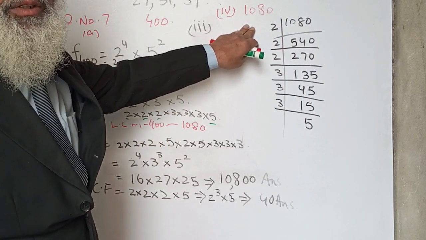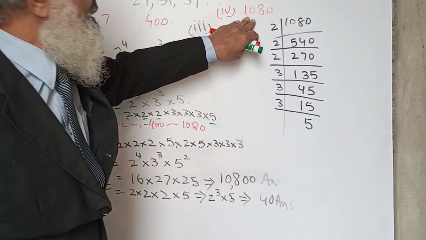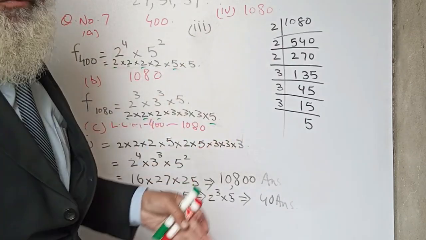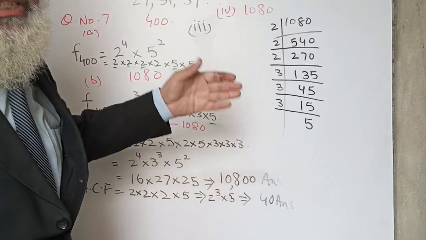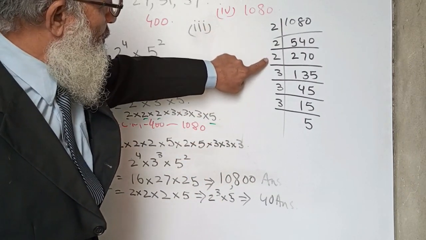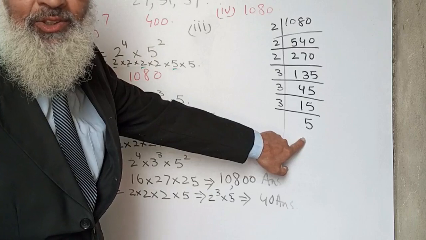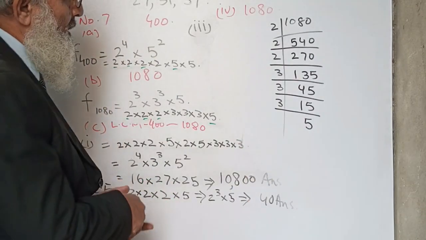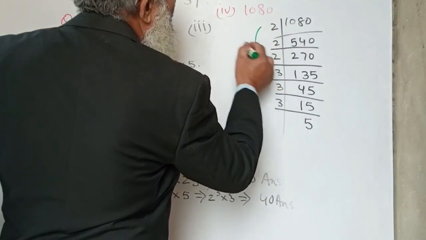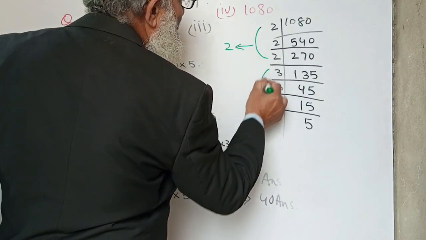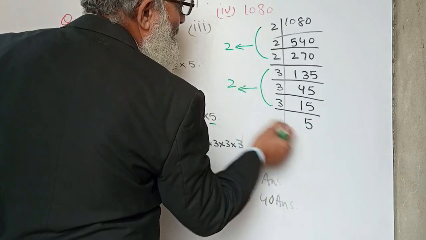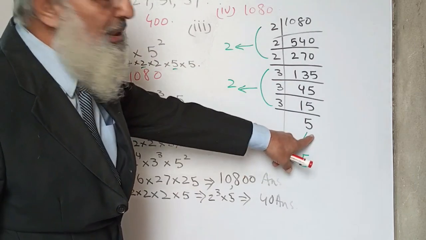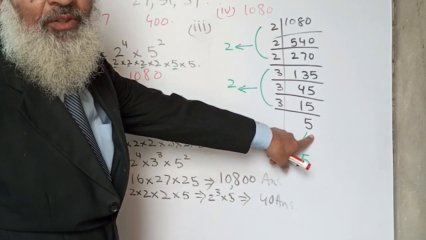What we have to find is whether this is a cube number or not. Now we have to make groups of 3 factors. 1, 2, 3, 1, 2, 3, and it is only 1. So we can bring out 2 from here, we can bring out 3 from here, but we cannot bring 5 out of here because only one factor is left over here.